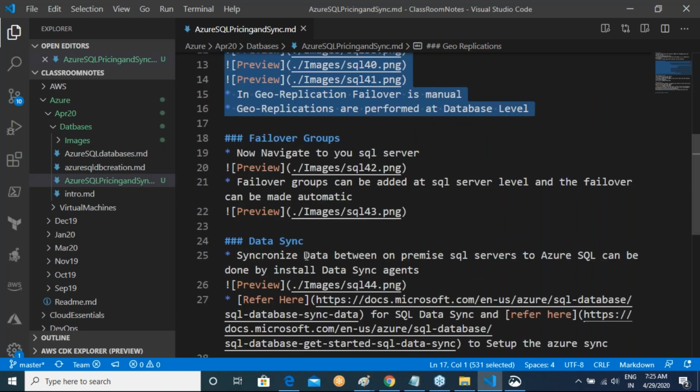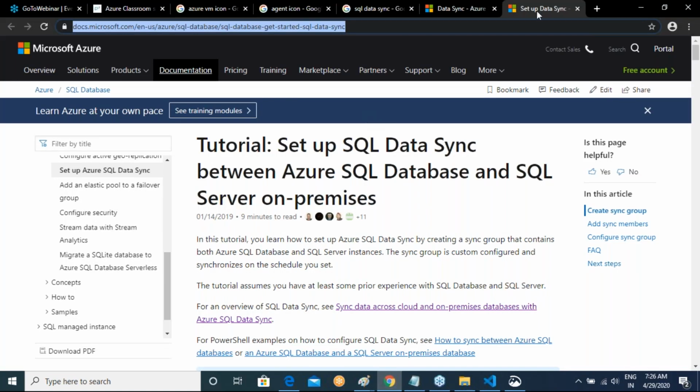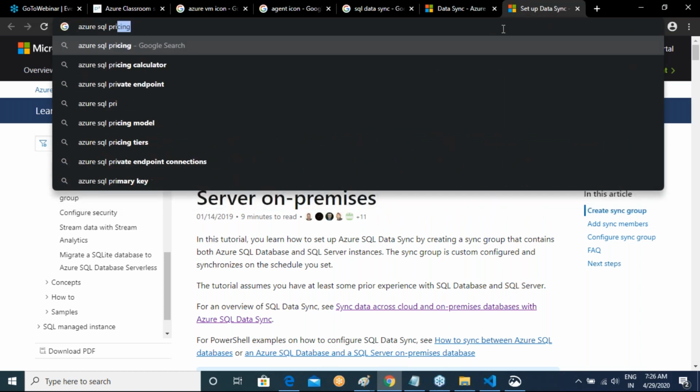But data sync is used for hybrid cloud scenarios, where you have some databases in your office and you sync them with on-premise or on-premise to Azure or Azure to on-premise, or even from other clouds also.